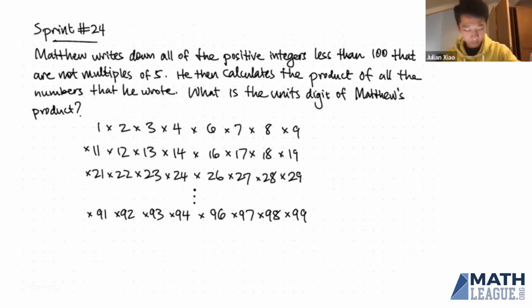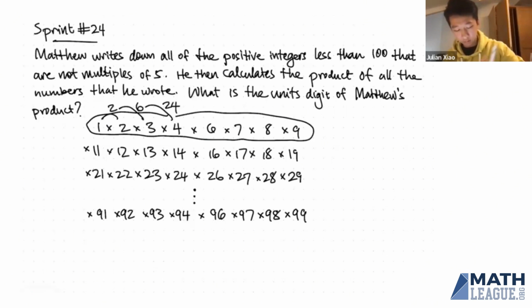I can try to multiply maybe 1 times 2, and see what I get. 2 times 3 is 6. The first 4 numbers give 24. And you can try going as far as you can. If you had the time, you would eventually calculate that this product of 9 numbers is 72576. But there's an easier way to do this.